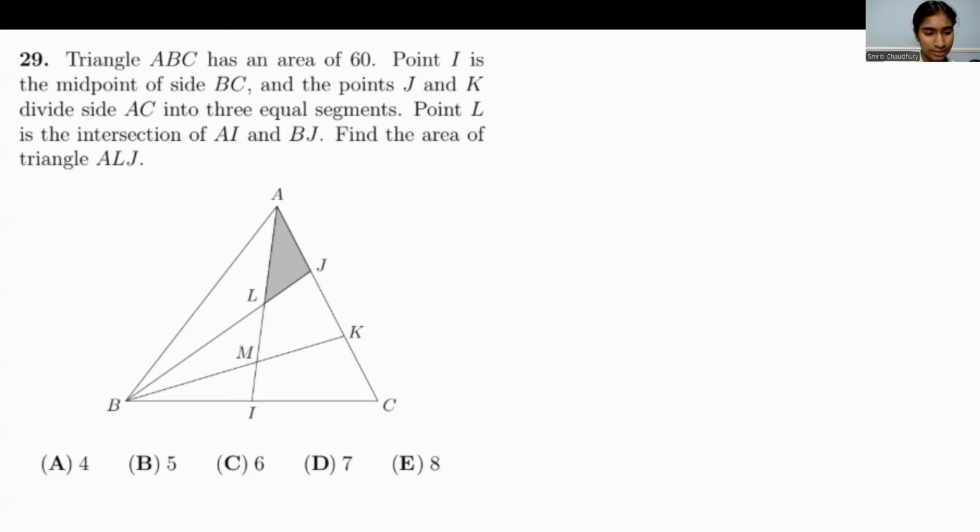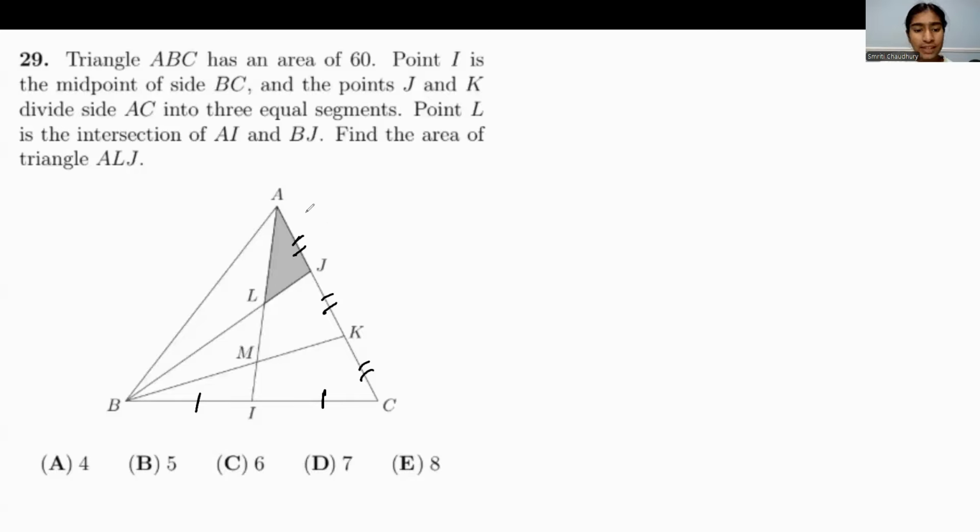So we know that I is the midpoint, which means BI and IC are congruent. And we also know, since these are divided into 3 equal segments, AJ is congruent to JK, is congruent to KC. And we would like to find the area AJL.